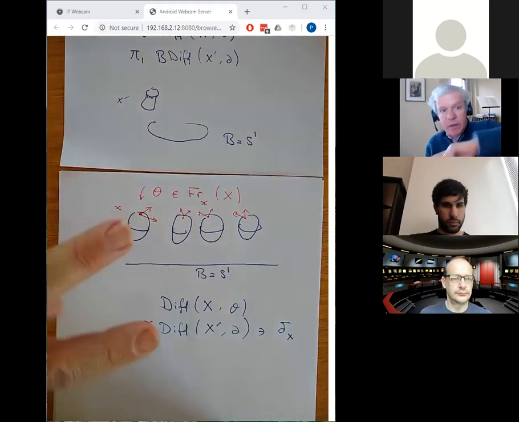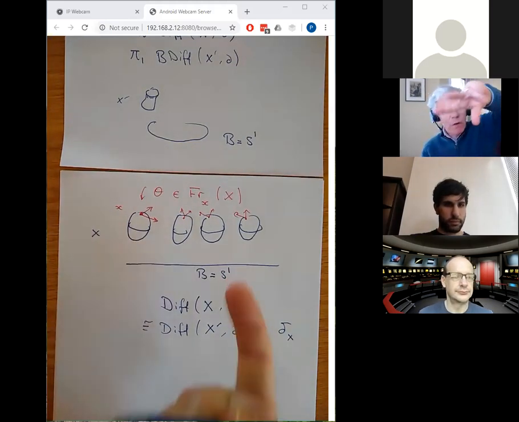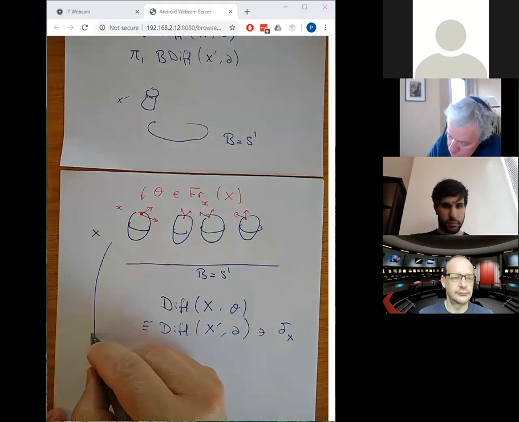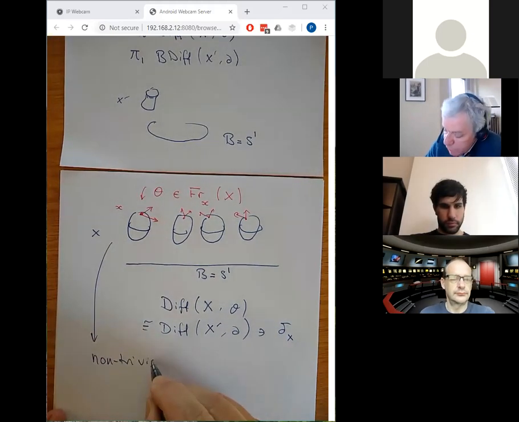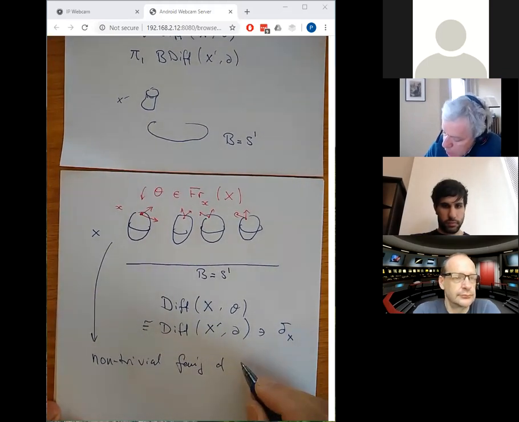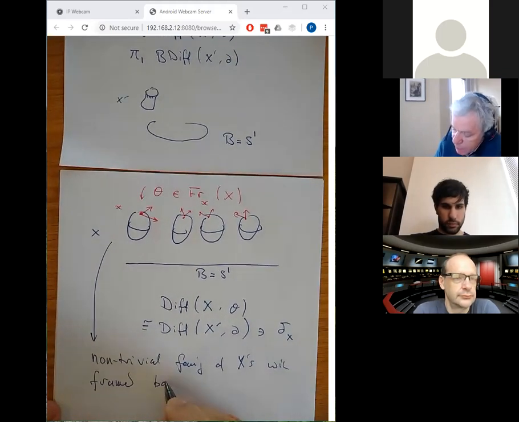All that's changing is the frame, which, as we go around the base, is rotating. So this is a non-trivial family of X's with framed base point, framed in the sense of a framed tangent space there.